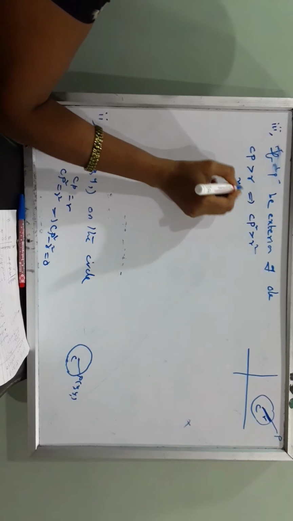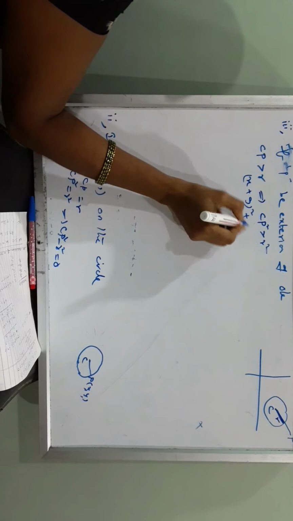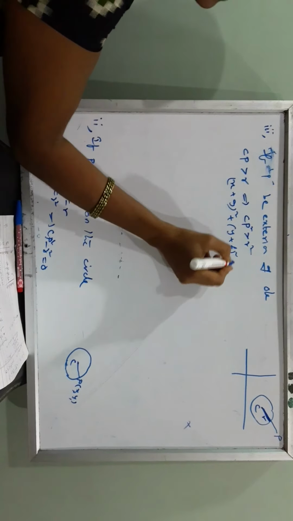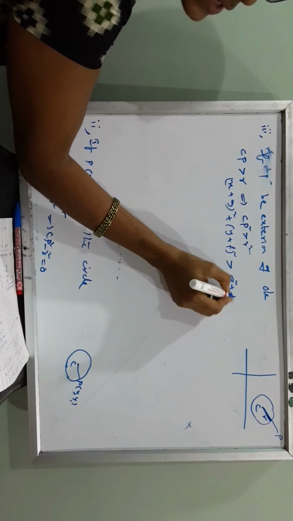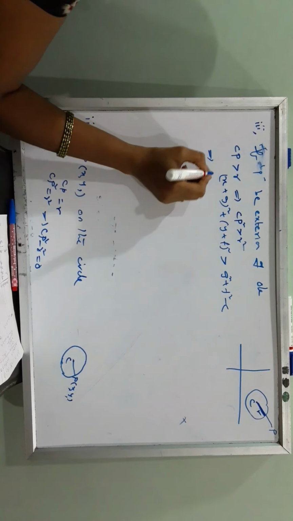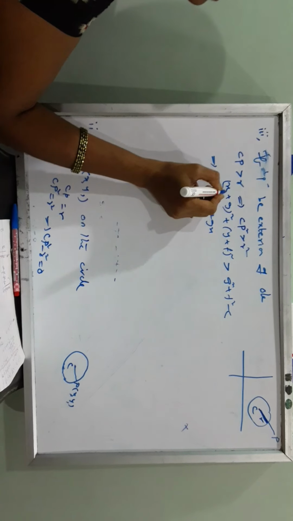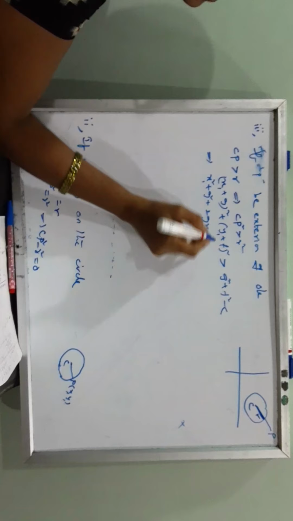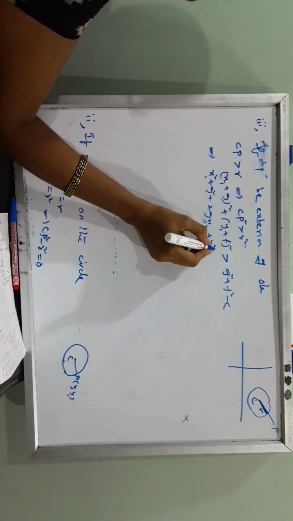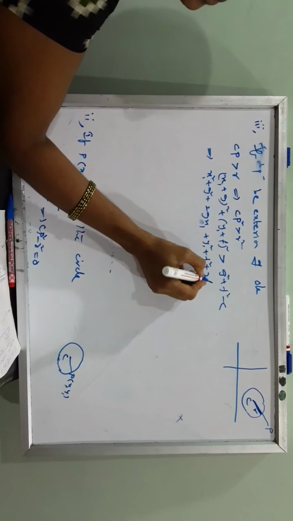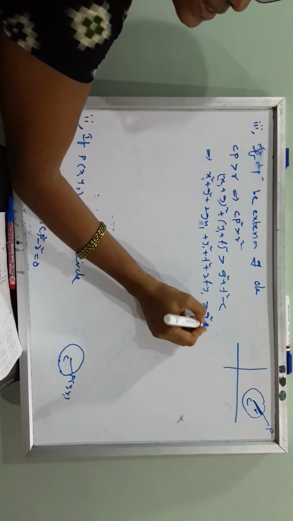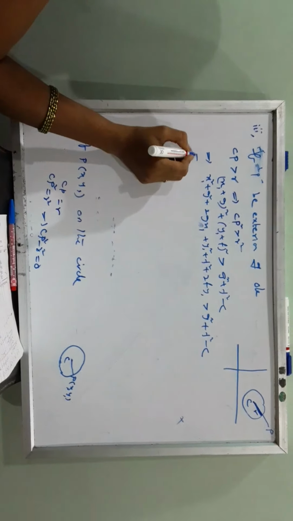Again the same formula: (x plus g) whole square plus (y plus f) whole square is greater than R square, meaning g square plus f square minus c. This implies x1 square plus 2gx1 plus y1 square plus 2fy1 plus f square plus g square is greater than g square plus f square minus c.